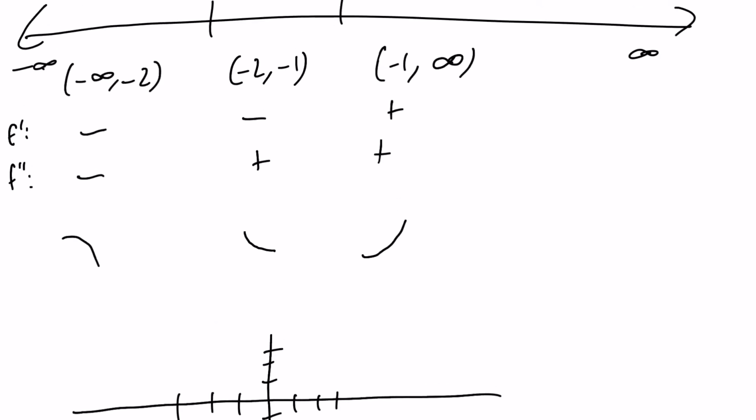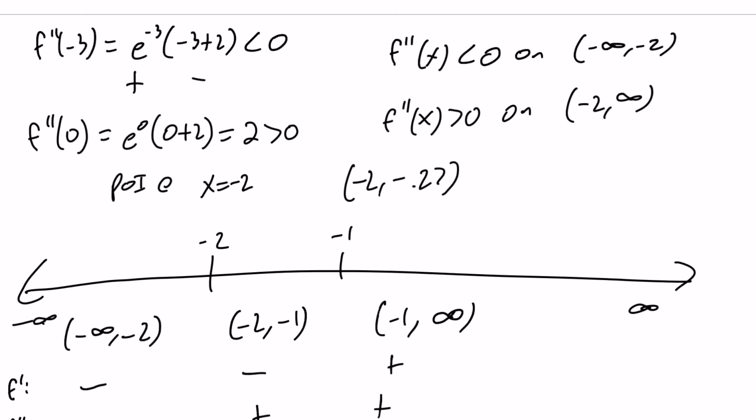So if we draw our axes here, what were our important points? Well, we found -2, -0.27 is a point of inflection. So we stretch this out a bit. 1, 2, 3. So -2, -0.27 is about there.